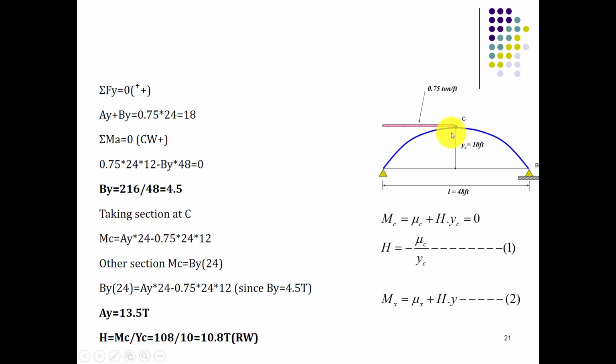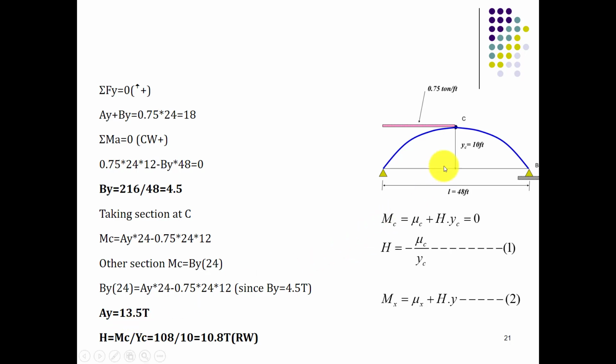And now we have the value of BY coming up as 4.5, and if you want to compute the value of AY in this equation, you will have a value of AY as 13.5 ton.